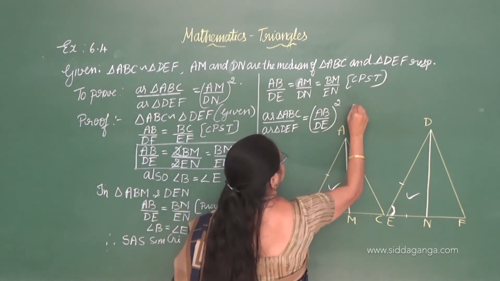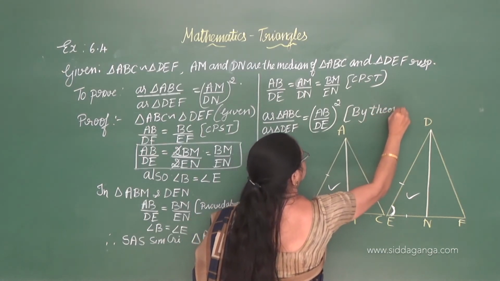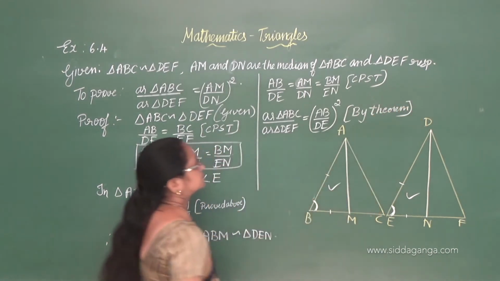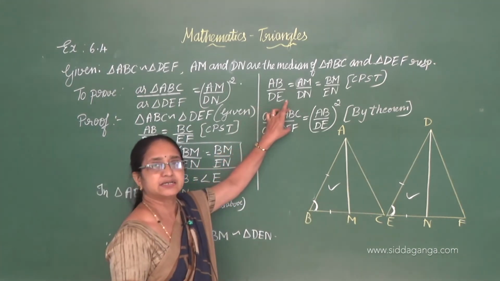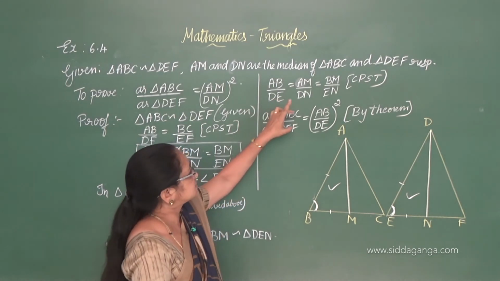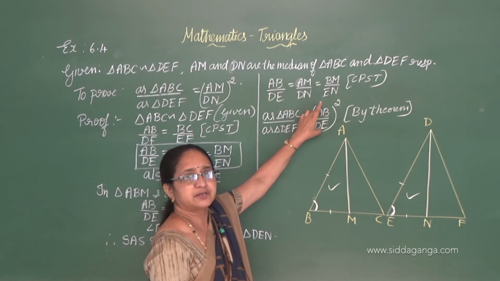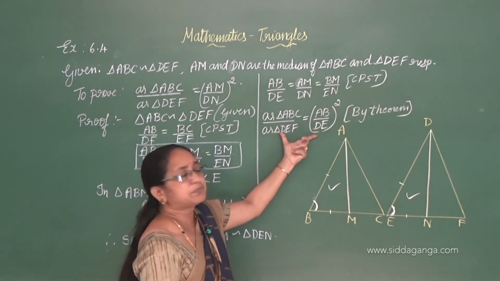We have proved it by theorem. Yes or no? We have proved already. The ratio of the areas of two similar triangles is equal to the square of the ratio of the corresponding sides. So, we have already proved this.